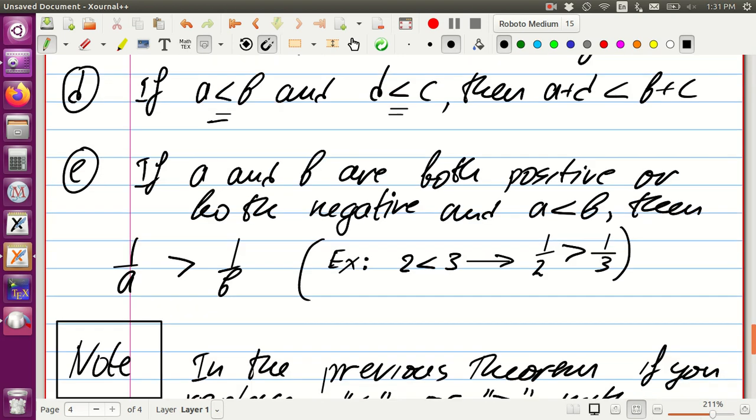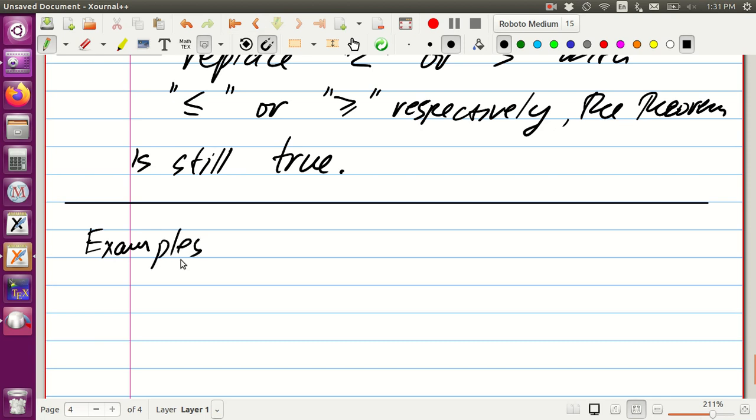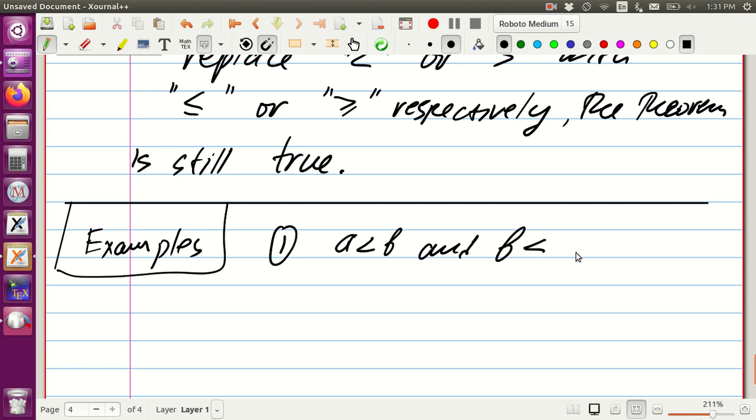So let's do a few examples. First example is if we have that A is less than B and B is less than -1, this would imply that A is less than -1.